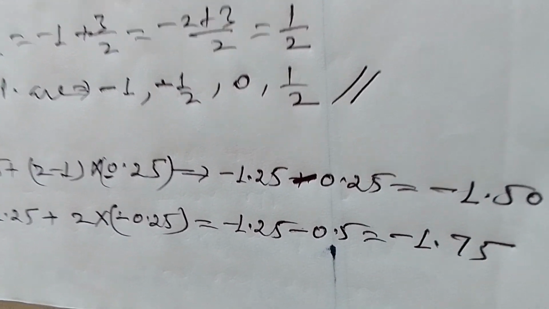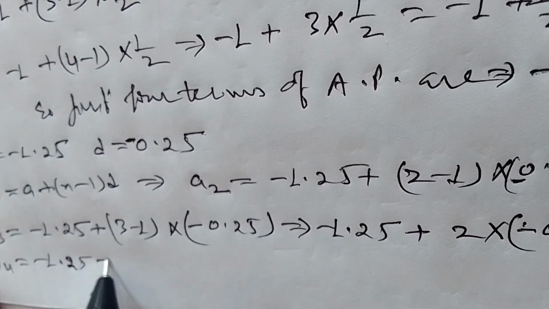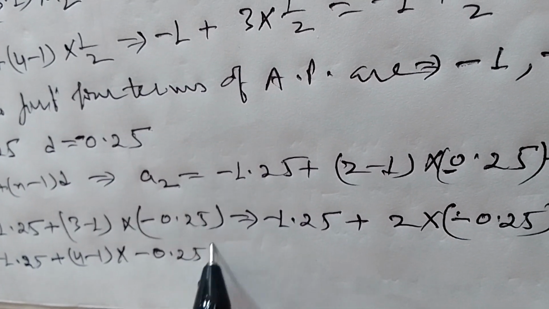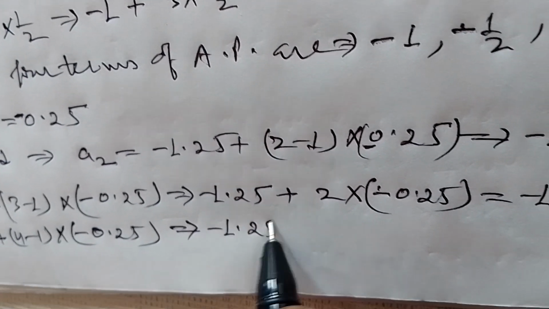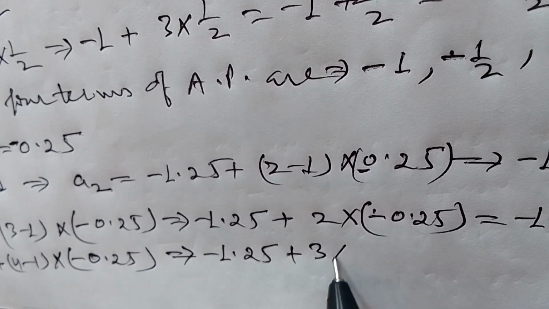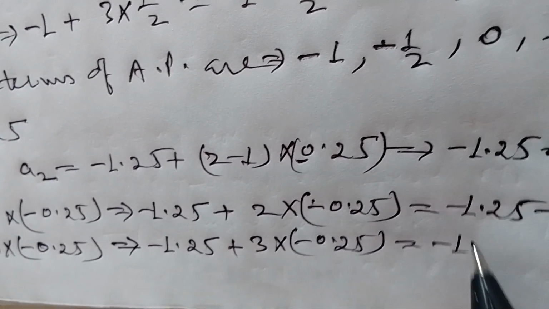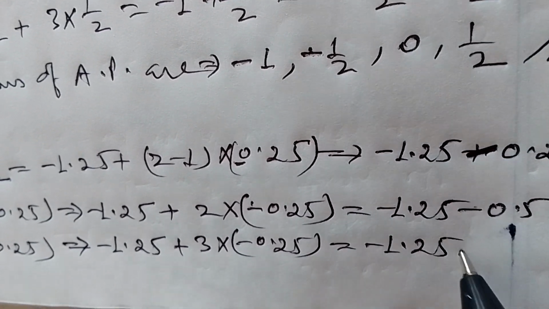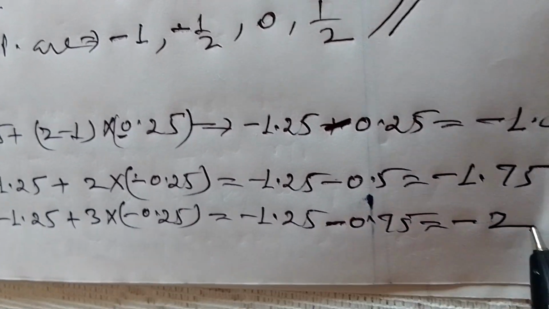Then a4, the fourth term, is minus 1.25 plus 4 minus 1 multiplied by minus 0.25, which is equal to minus 1.25 plus 3 multiplied by minus 0.25. It comes out to be minus 1.25, and 3 multiplied by 0.25 comes out to be 0.75, so minus 0.75. So the answer will come out to be minus 2.